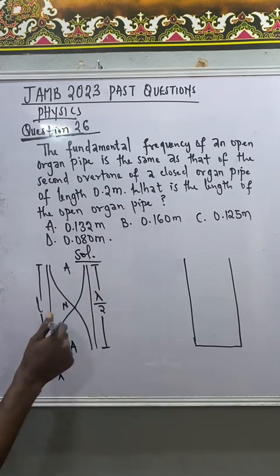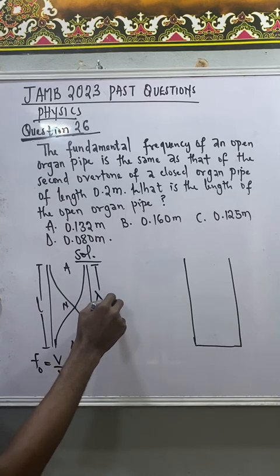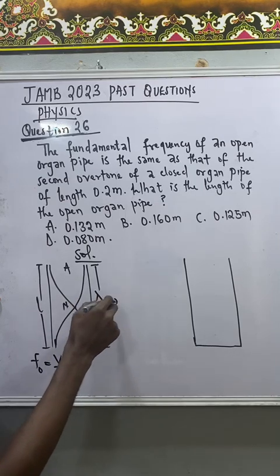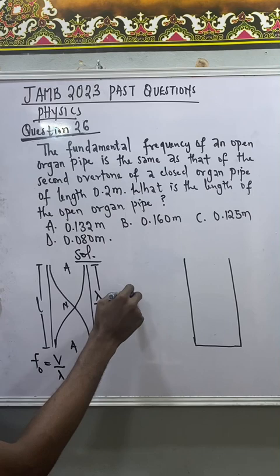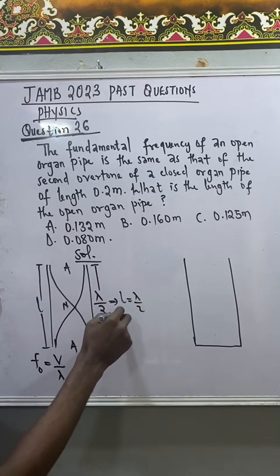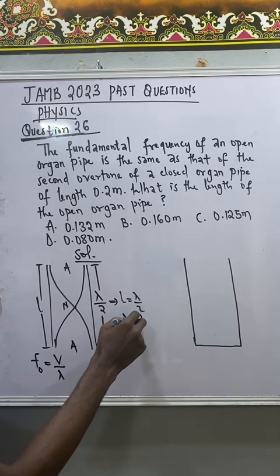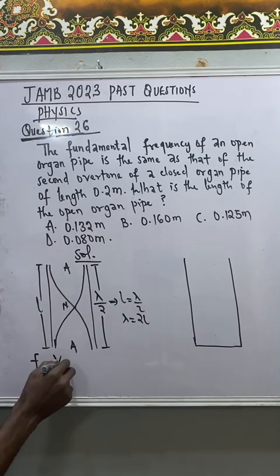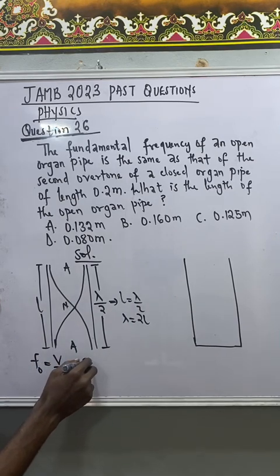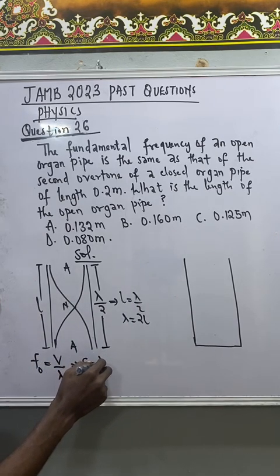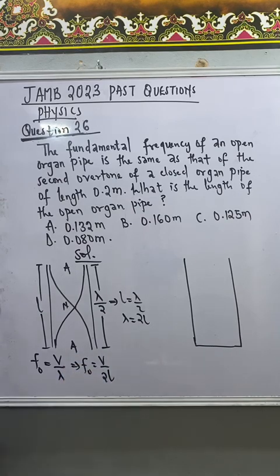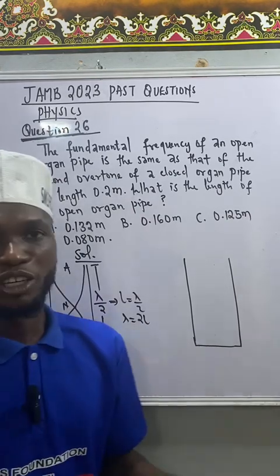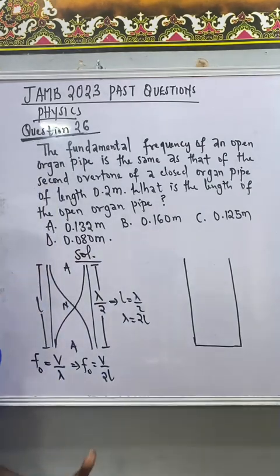Since L equals lambda over 2, making lambda the subject of the formula gives me 2L. If I put 2L here, the fundamental frequency will be equal to V over 2L. This gives me the minimum frequency.